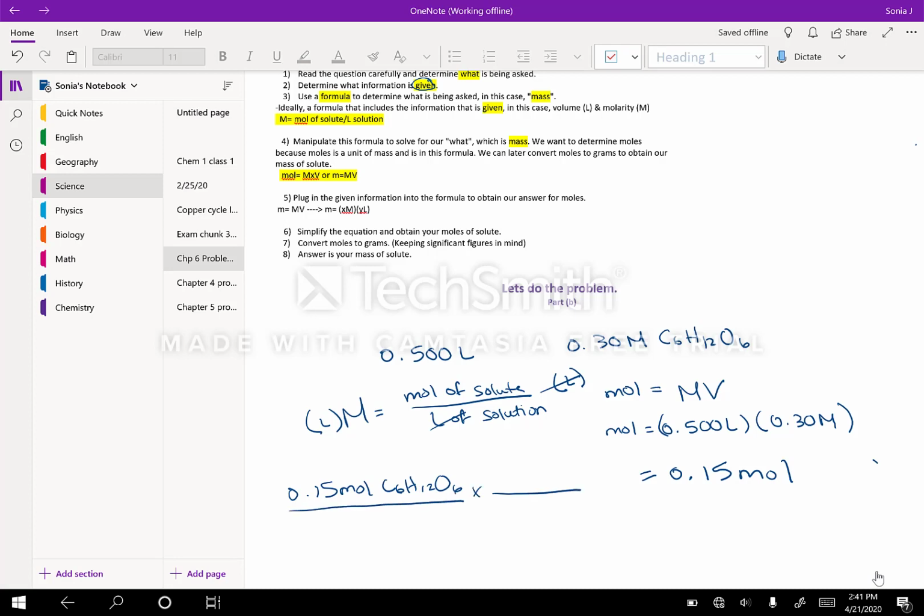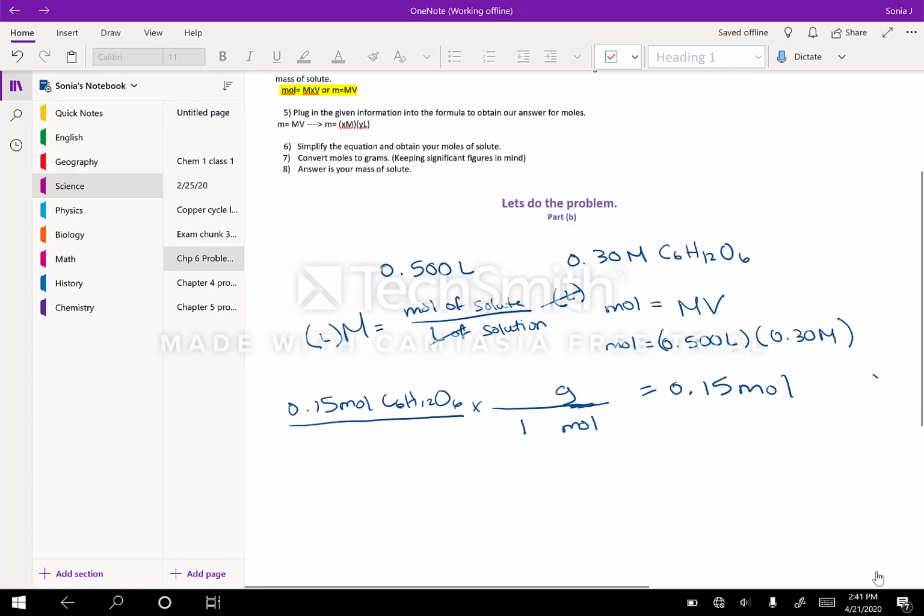times, because we want to get grams and we want to cancel out moles, we're going to put mole on the bottom and grams on top. And 1 mole would equal how many grams of glucose? If we do that computation, carbon would be 6 times 12.01, because that is the weight of carbon.